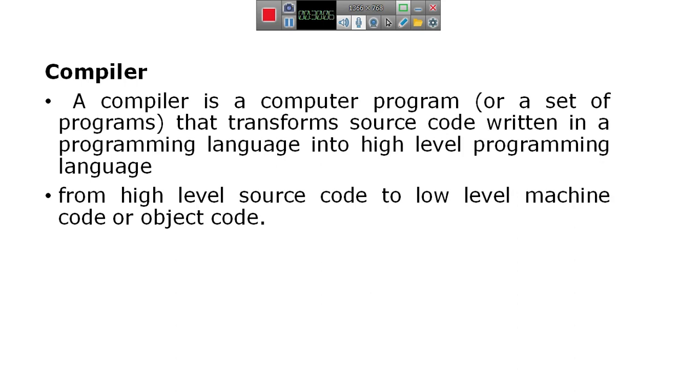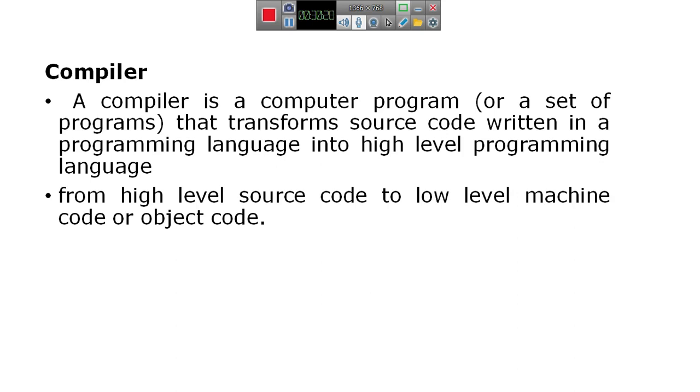And these compilers differ from one high level programming language to another. If you observe C language, C is one of the high level programming languages.